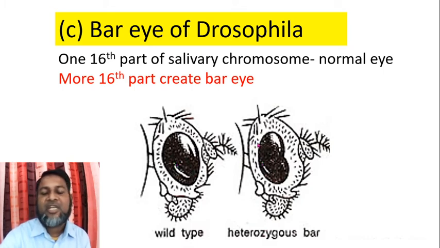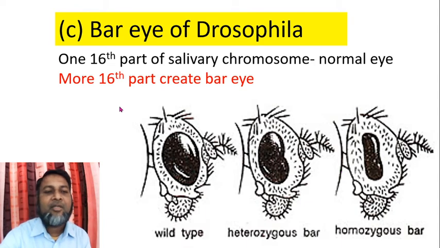This is heterozygous bar eye. Heterozygous means this 16 part is more than one. It is present on one chromosome as 1/16 part, but on the other chromosome, there is 2/16 part of the gene.